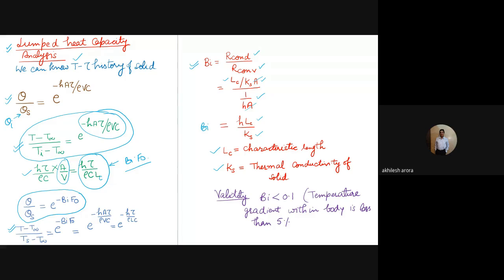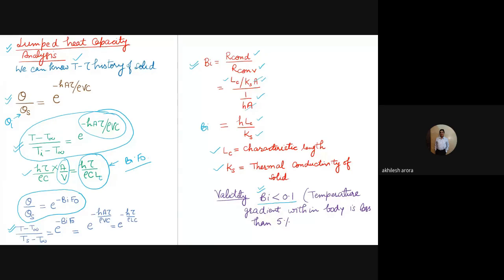So when we derive the expression of time-temperature history of the solid, we say if the value of the Biot number is less than 0.1, then we can consider this solid as a lumped solid. It means this solid is in totality a single unit where the temperature at any point within the solid is the same everywhere. Though it will not be exactly so, because the Biot number is 0.1, we say that we are considering it to be the same.